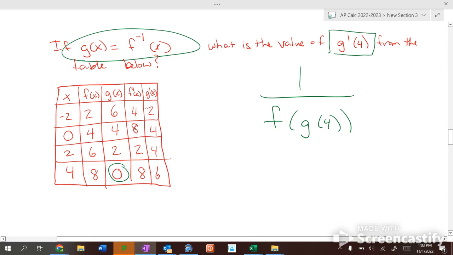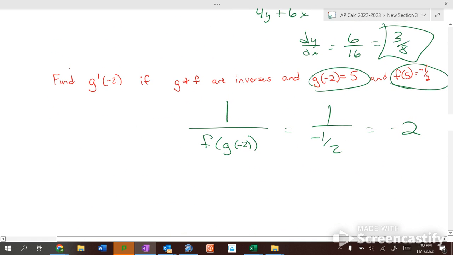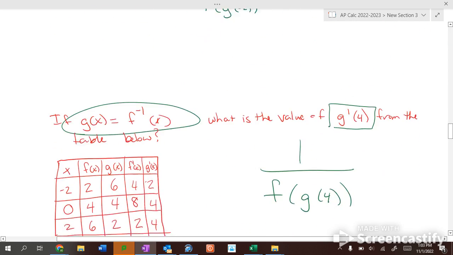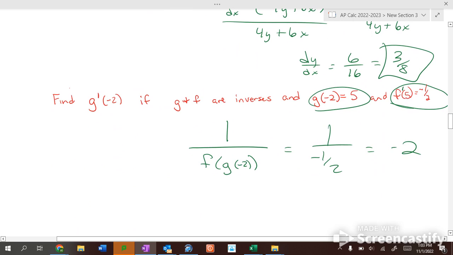Or should it be the derivative? I wonder if I was missing a derivative symbol on this one. And then don't you multiply by the derivative of g afterwards? Yeah, I'm thinking you might. It's 1 over the derivative of f of g of -2 times the derivative of g at -2. But we want to know what the first derivative of G of -2 is. I never get these ones.